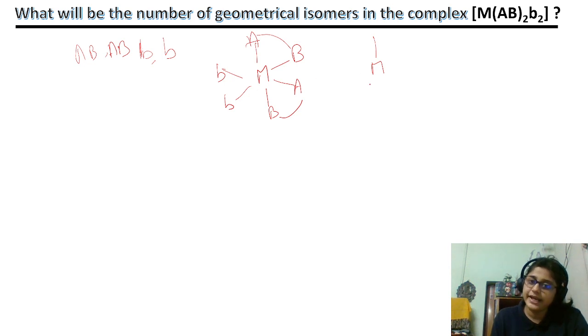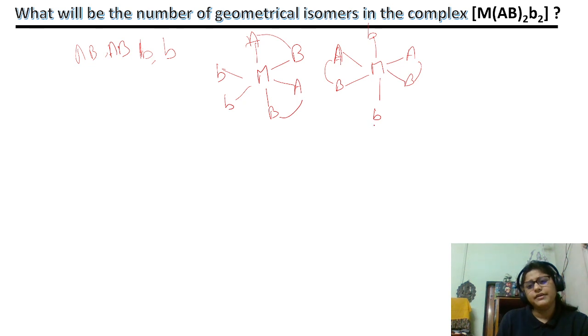We can take these two B as trans, B and B trans, right? If we take these two B as trans, there will be AB and this AB. They are bidentate, we can take this, where these two B are trans, but not A. A are cis, B are cis. So there is another possibility. Try and draw.